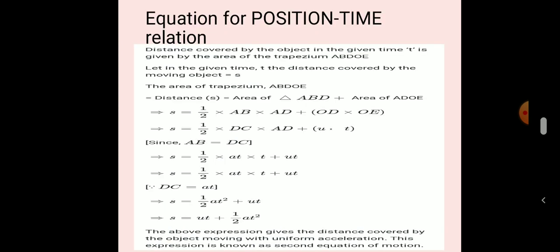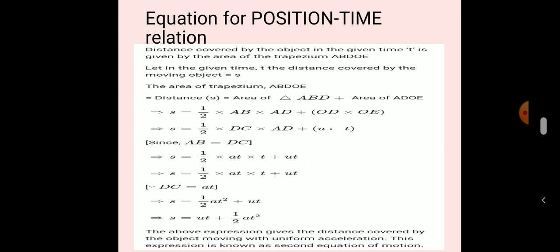Now, by using the same graph, let us derive the second equation of motion. The second equation of motion is giving the relation between the position and time. Now, again, let us consider that the object has traveled a distance s in time t under uniform acceleration a.